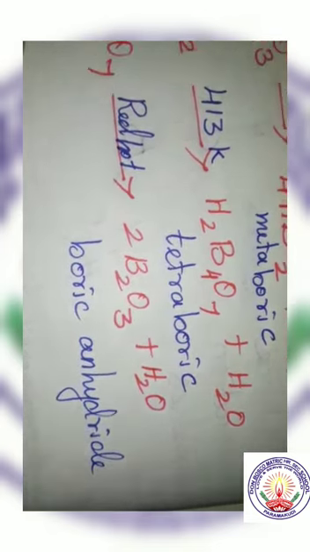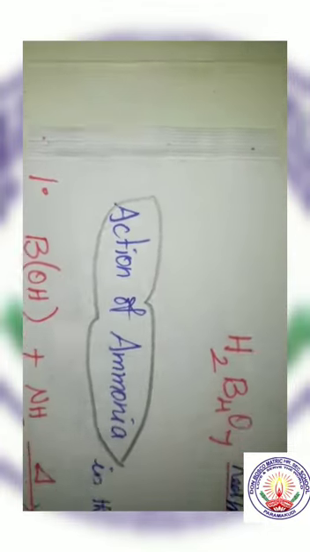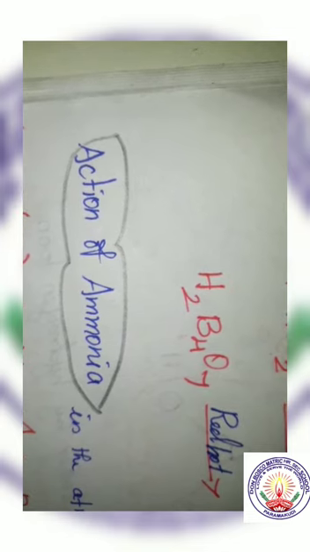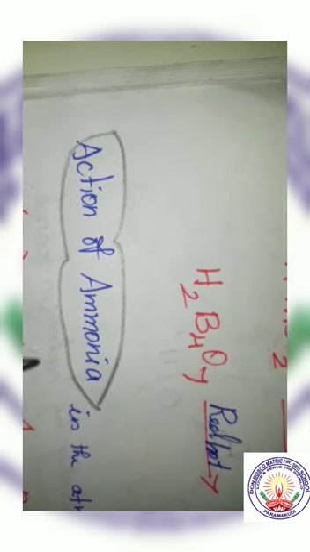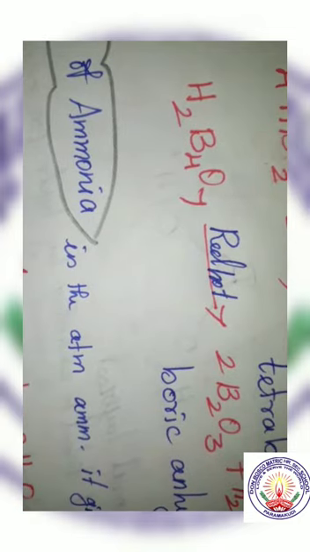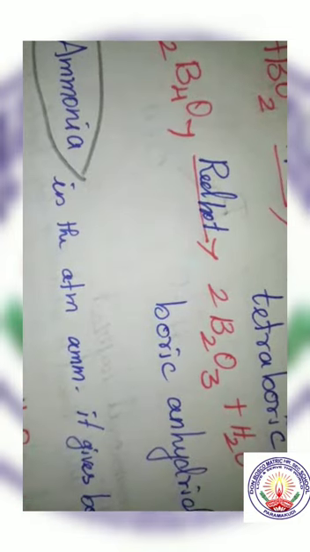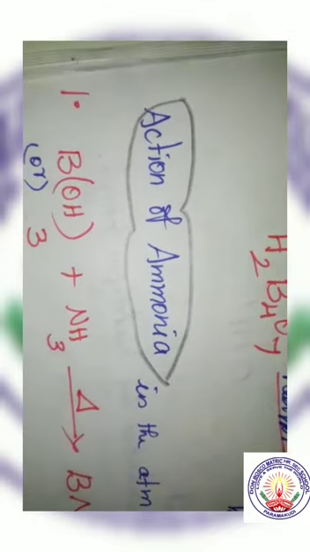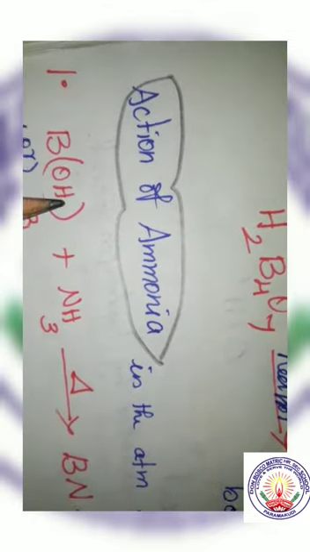Next reaction is action of ammonia. See, this boric acid in the atmosphere of ammonia gives boron nitride. Now you see boric acid, that is B(OH)3.